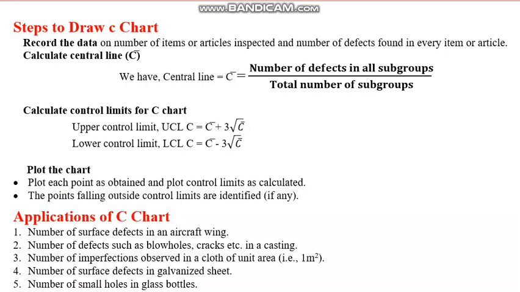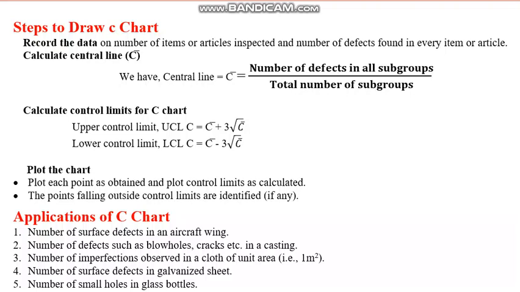Now plot the chart: plot each point as obtained, and use the control limits we have calculated and the center line also. The points falling outside the control limits are to be identified, and you have to analyze later why such a thing has happened.